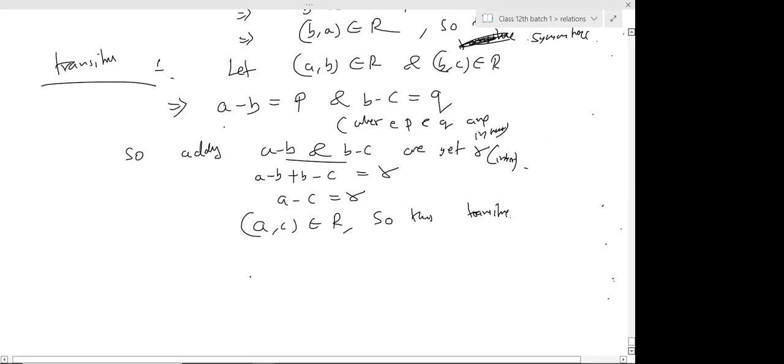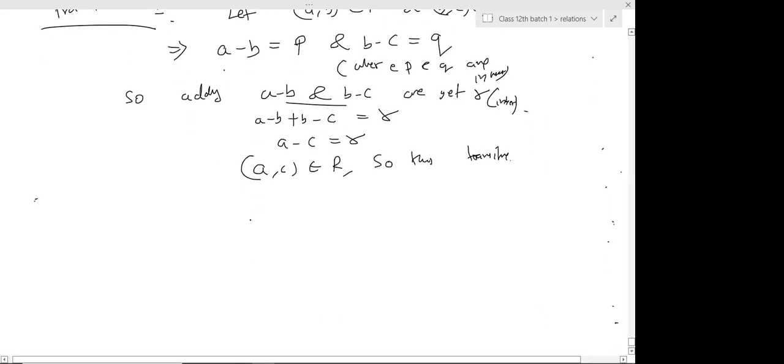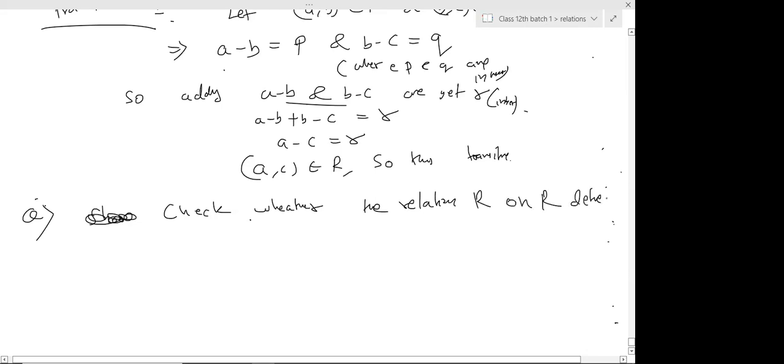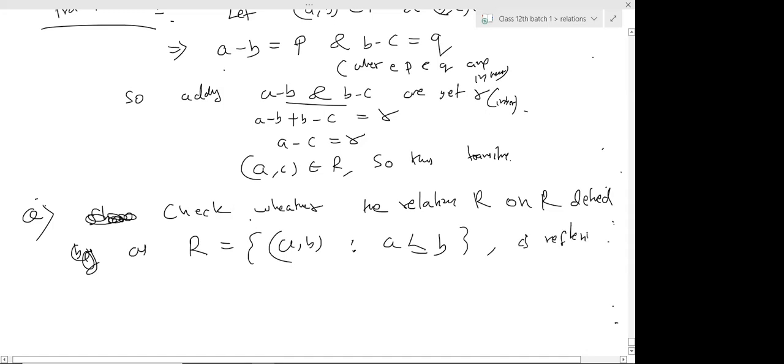Another question. Check whether the relation R on R defined as R equals a comma b such that a is less than or equal to b is reflexive or transitive or symmetric.